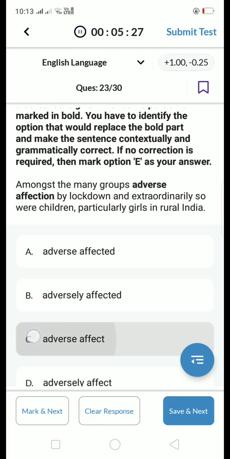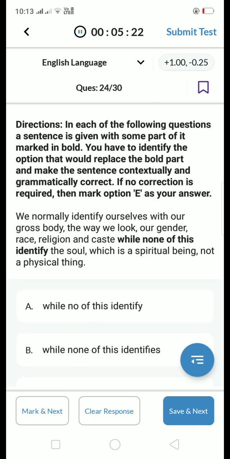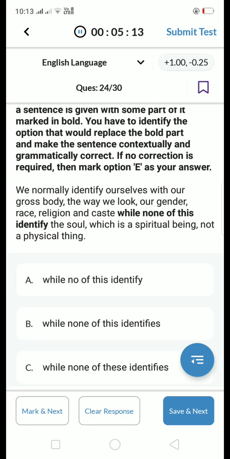Groups adversely affected. Easy. We normally identify ourselves with our group's body, the way we look, our gender, race, religion, and caste, while none of this identify the soul.